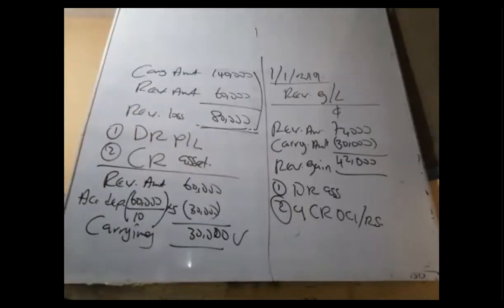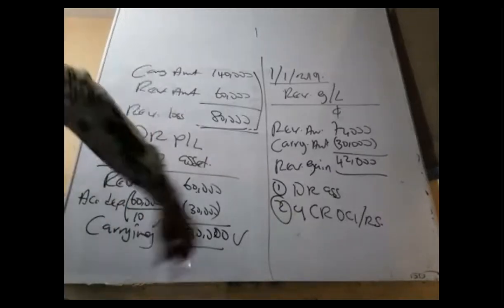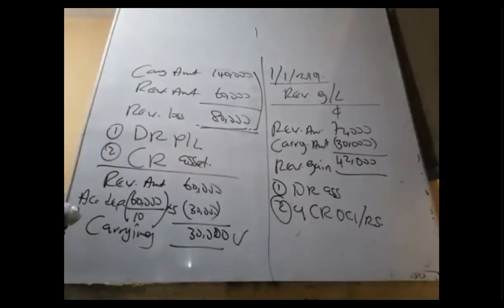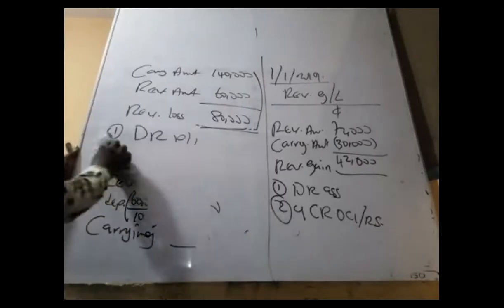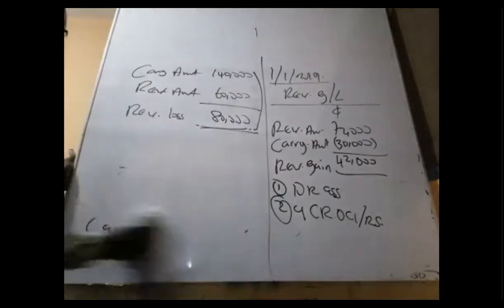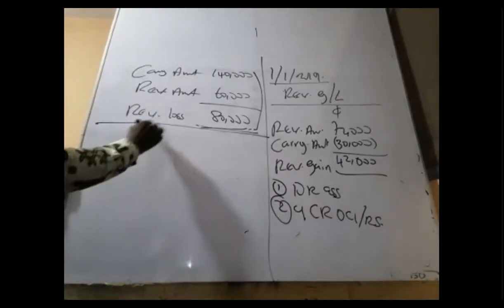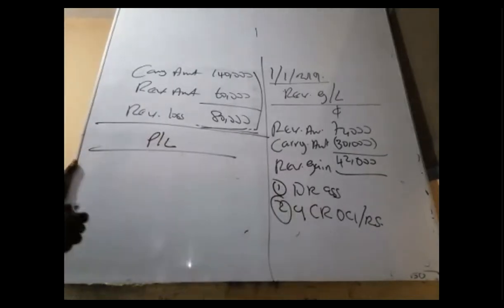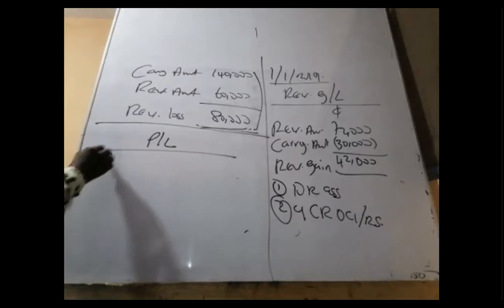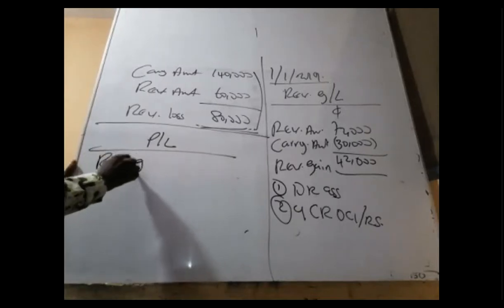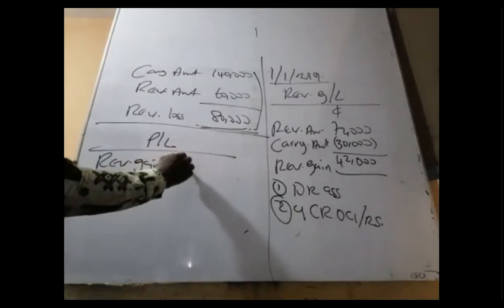That is all. So let's see the accounting treatment. So here, the previous loss is what? 80,000. Current gain is what? 42,000. So how do you treat this? So let's provide a relevant extract. So I'll do the extract here. So first, in my P&L, I'll go there and tell the examiner that revaluation was gain, which is 42,000.